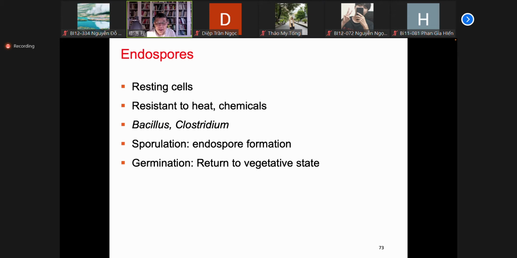This is a way for scientists to sterilize. Sterilize means to kill all. Sterilization process is to try to make a certain place, a certain surface, without living bacteria. It's called sterilization.